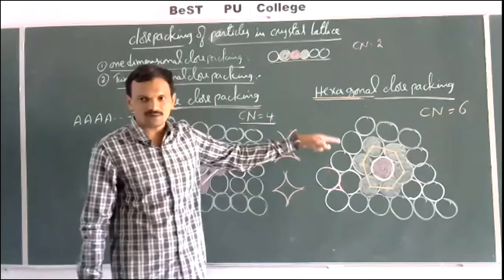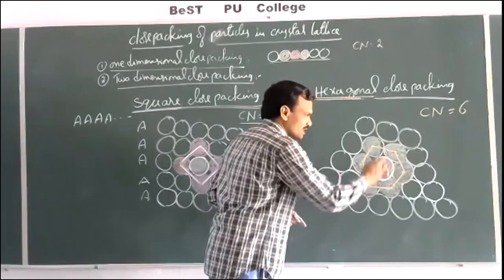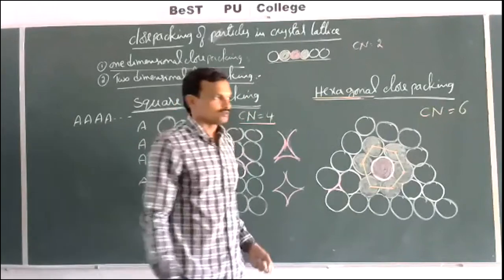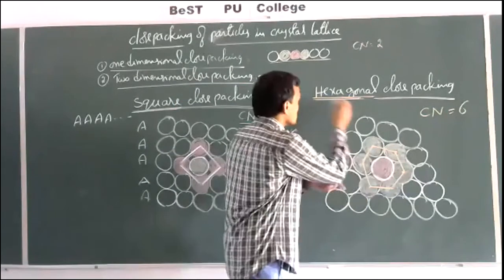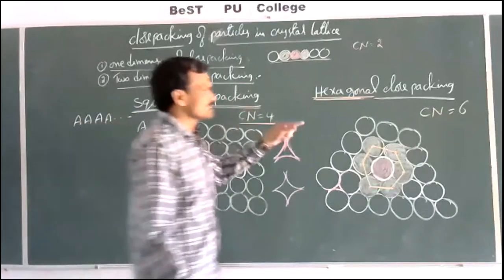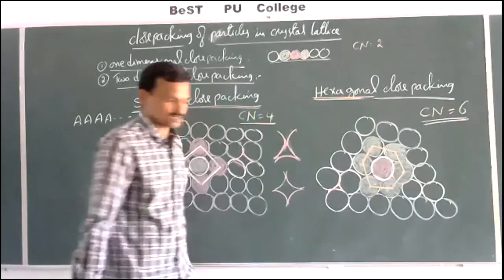Now in this type of arrangement, each particle is in contact with 6 nearest neighboring particles within the plane. These are arranged in the shape of a hexagon. That's why it is called hexagonal close packing. In hexagonal close packing, the coordination number is equal to 6.